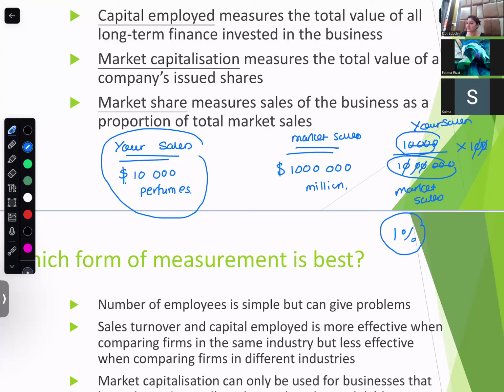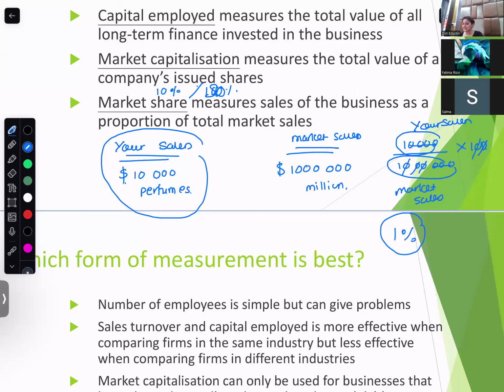But if your market share in proportion to total sales is 50%, that means 50% of the sales that is happening in the market is because of you. So in that scenario, you would be a large market. Are you with me? Yeah.